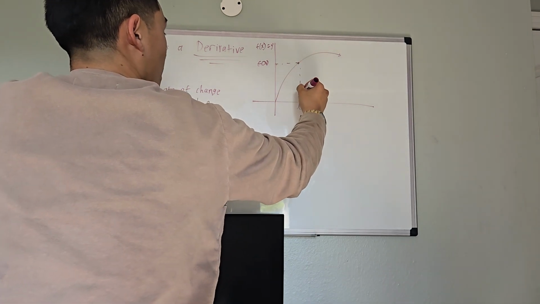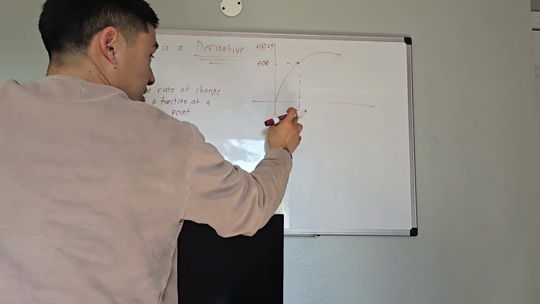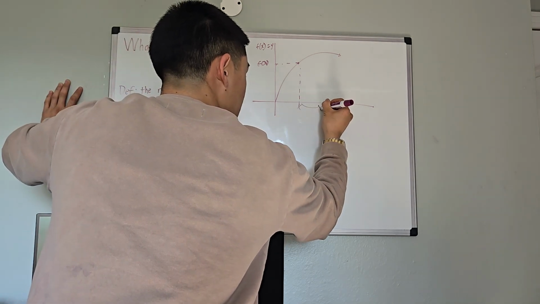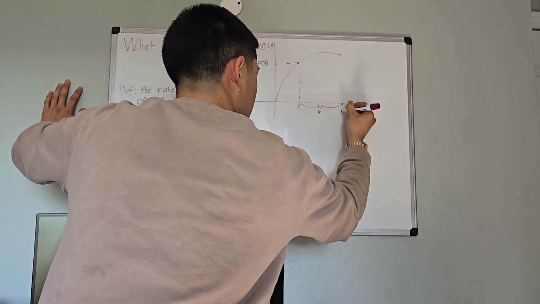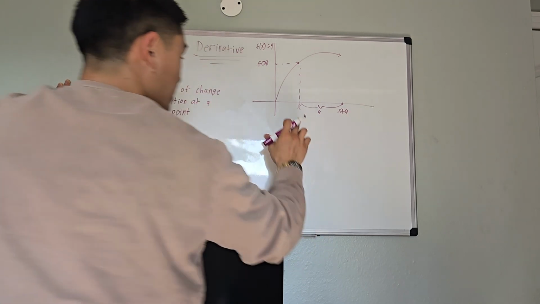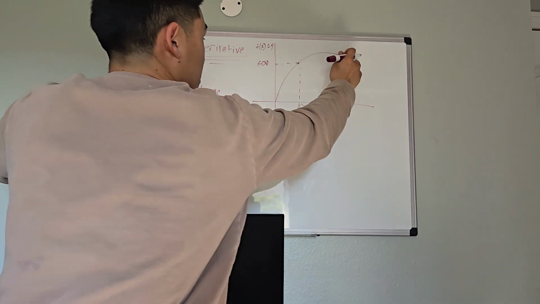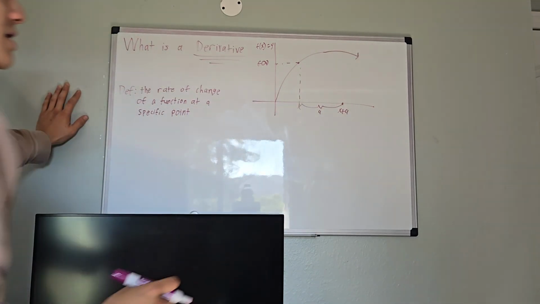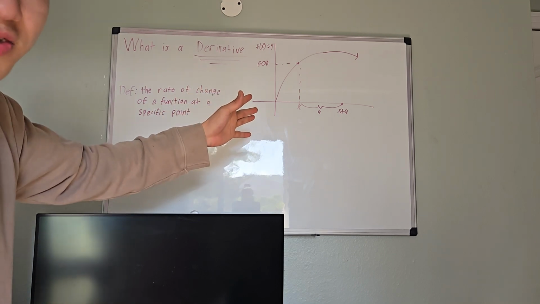Now, if we took some distance, so this distance right here is x, but if we went out some additional distance a, so this is x plus a. I'm probably not teaching this the best I can, but if you get the concept, that's all that matters.